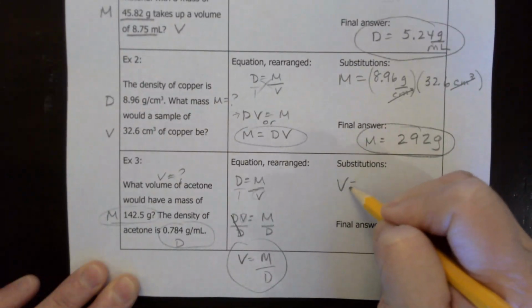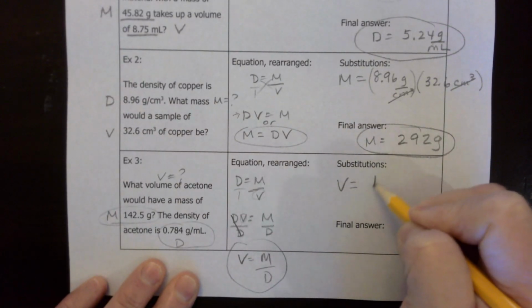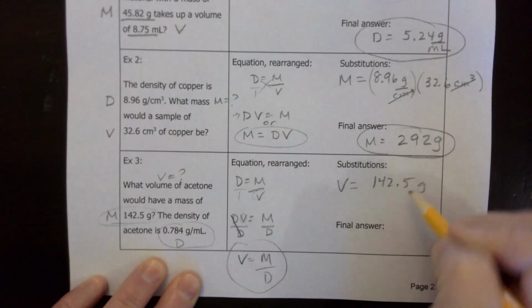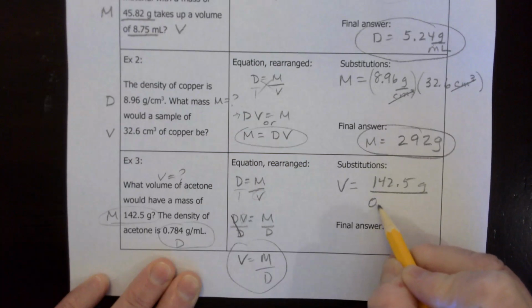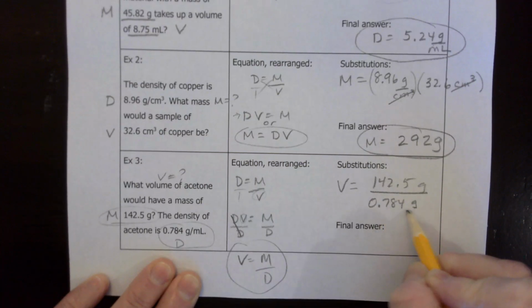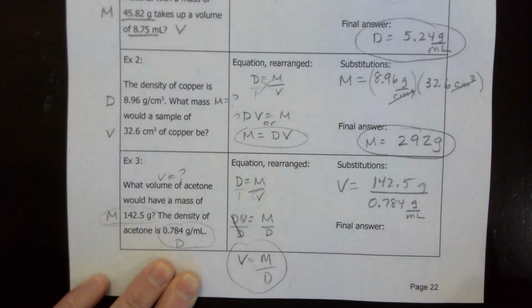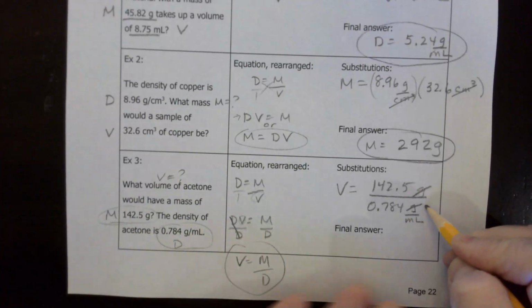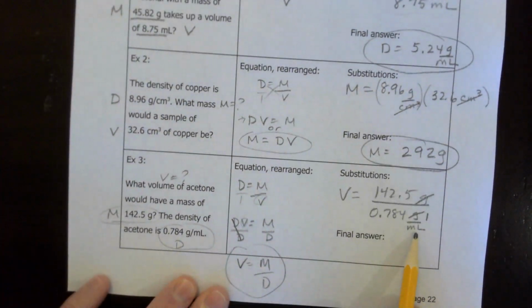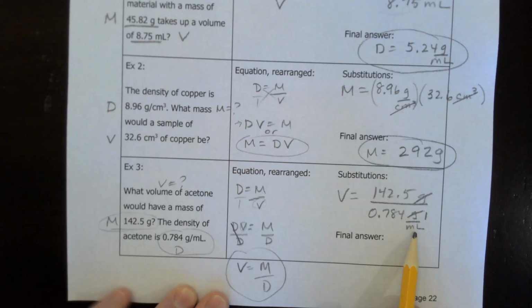So now we can go ahead and substitute. Volume equals 142.5 grams over a density of 0.784 grams over milliliters. Now we're going to notice that grams over grams cancels, leaving us with a unit of 1 over milliliters in the denominator.